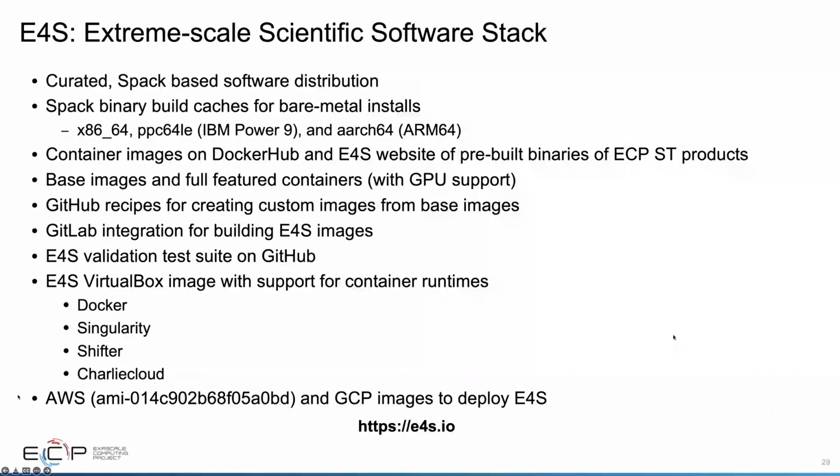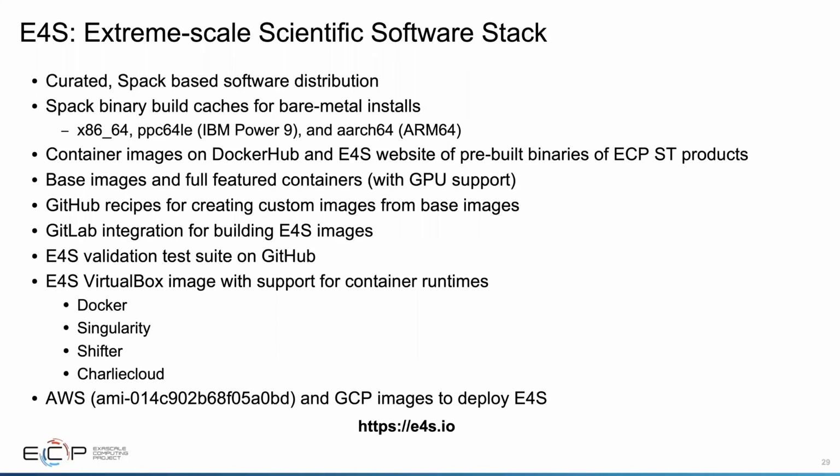So E4S is a curated Spack-based software distribution. And we support 3 different architectures: x86-64, the IBM Power9 ppc64le, and AArch64, ARM64, and we have container images. These are available on Docker Hub. They are available on the E4S web page as pre-built binaries of all of these products.